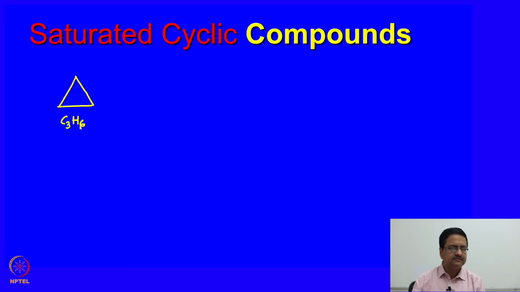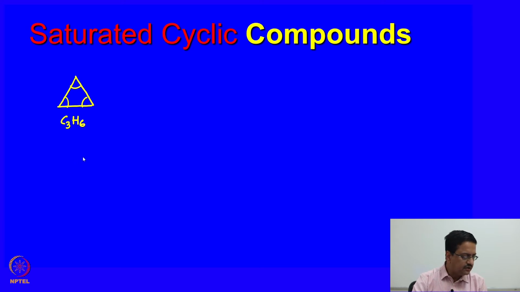What you can see is that in this particular molecule, all the 3 carbon atoms are sp3 hybridized, but the angles are in no way close to 109 degree. So this molecule is highly strained and hence highly reactive and unstable.